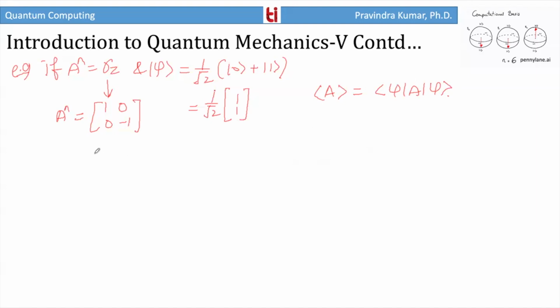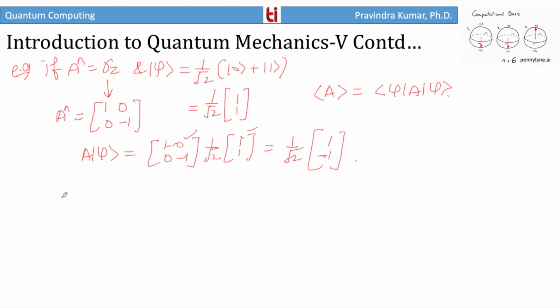So first of all we will consider A ket psi, and it is equal to [1 0; 0 -1] times ket psi, which is 1 by root 2 times [1; 1]. It will be equal to 1 by root 2 times the product of this and this, which is [1; -1].